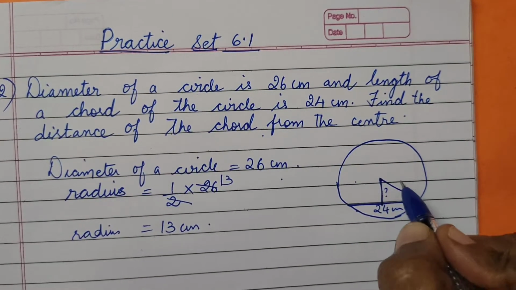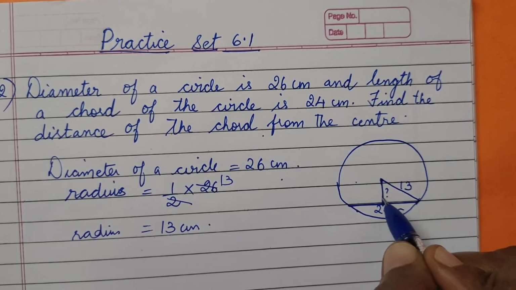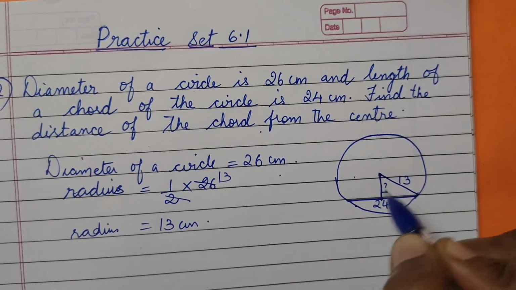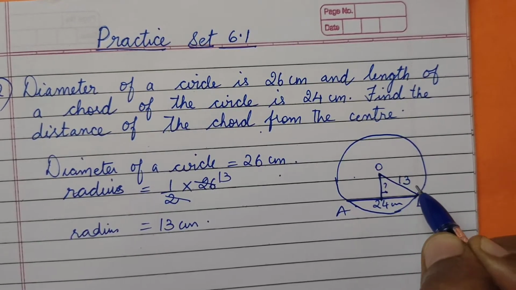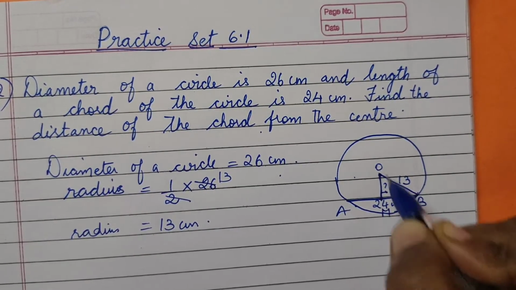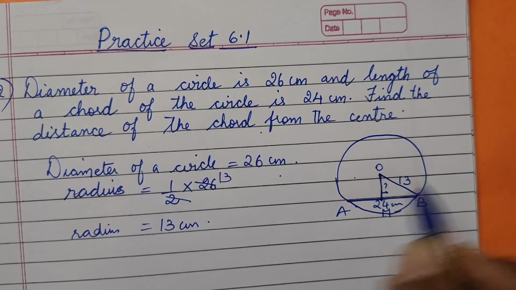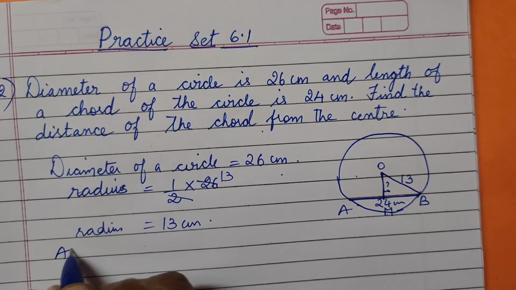So this is 13. Now I name it A. AB is the chord and O is the center of the circle and M is the foot.